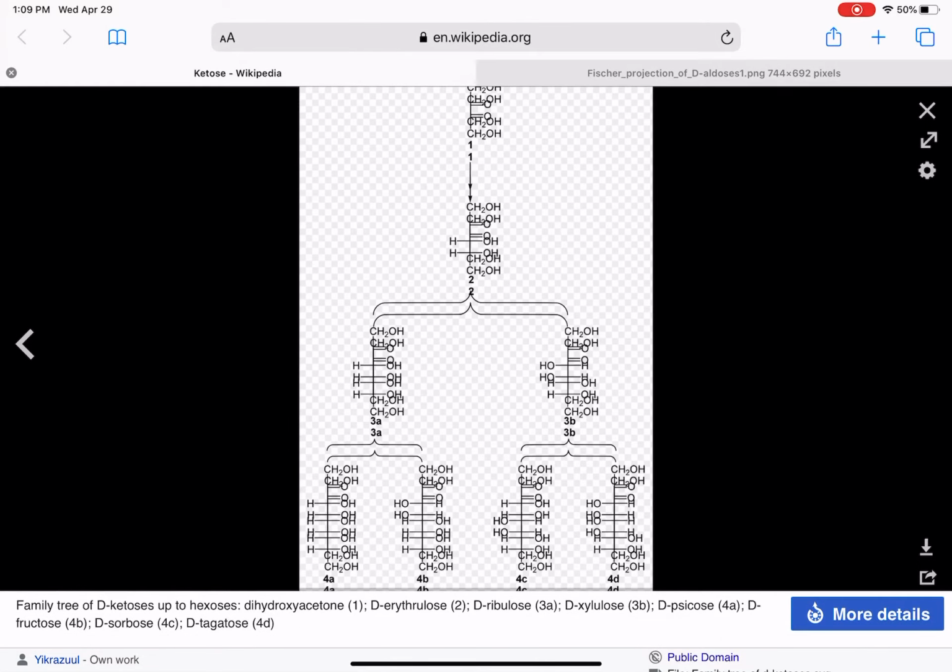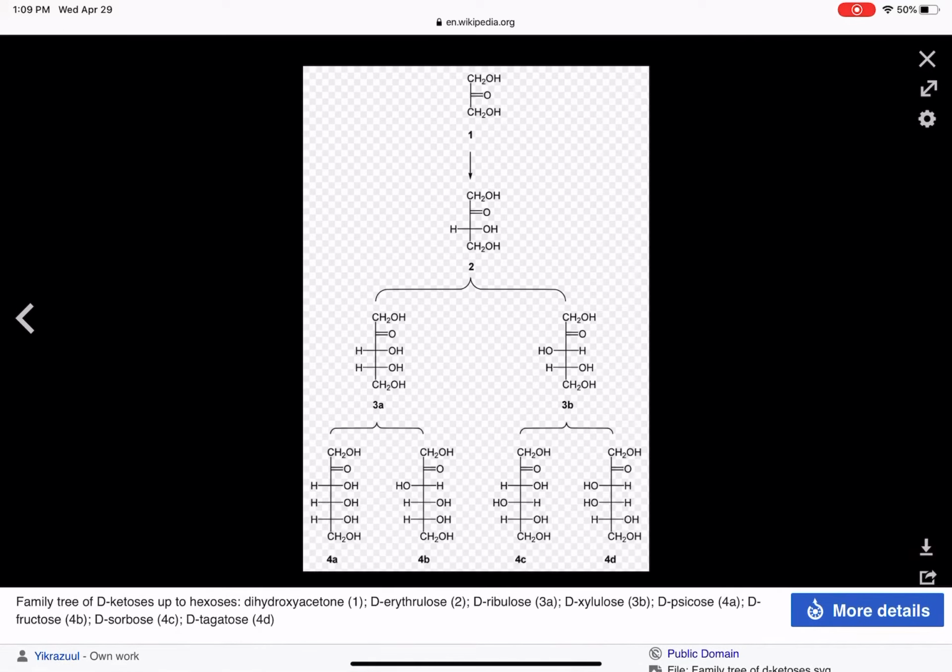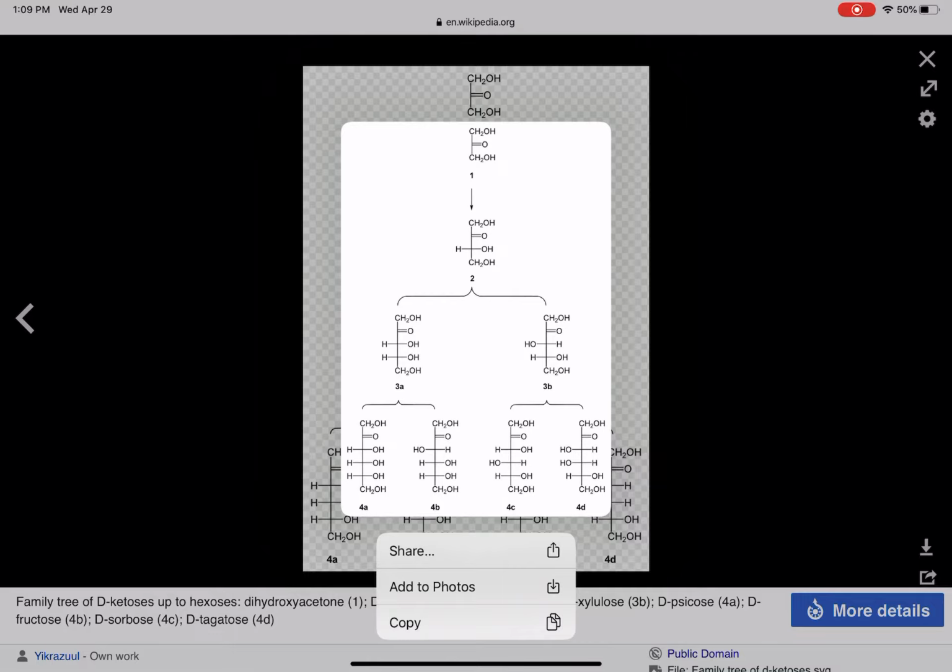Then you need to find the correct pattern of your OHs going from underneath the carbon-oxygen double bond and down. So our OHs are left, right, right. Left, right, right is the 4B structure.